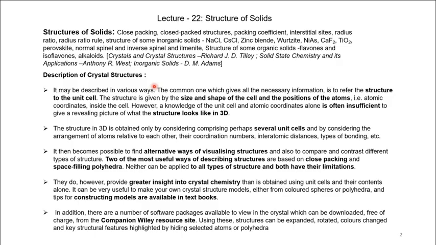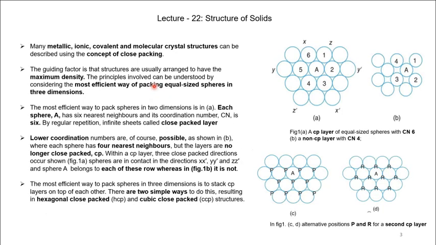Now we go to the business, that is metallic, ionic, and covalent molecular structures, which we can describe with the concept of close packing. What do we mean by the concept of close packing? We are assuming that we have spheres of equal size, and we describe their three-dimensional arrangement.